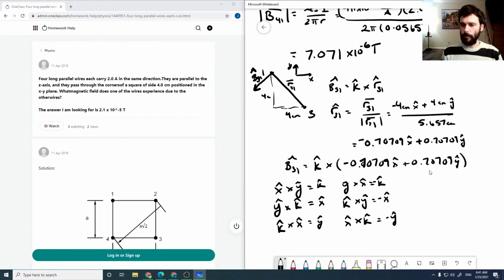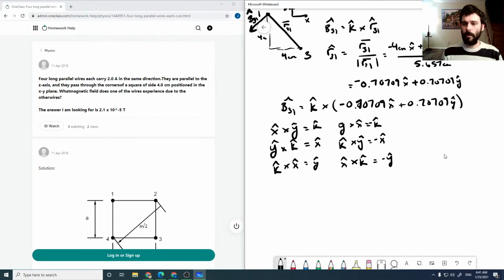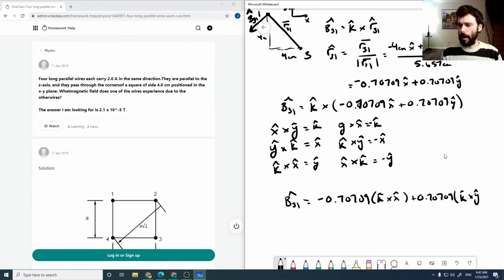So if we look here, this is going to be minus 0.70709 k hat cross x hat plus 0.70709 k hat cross y hat.